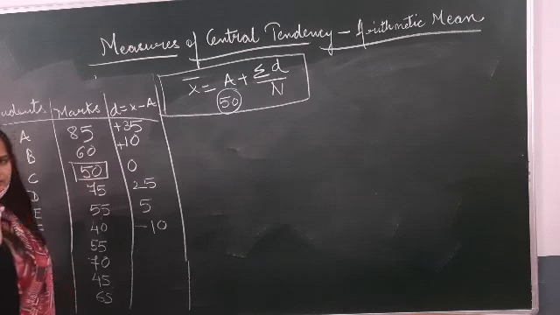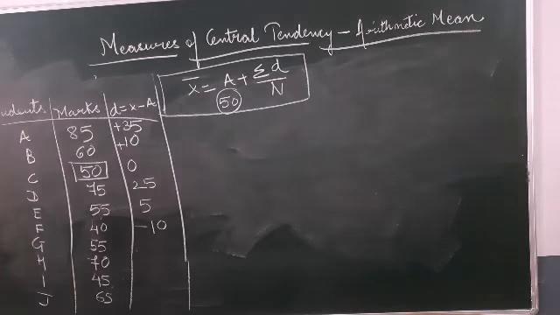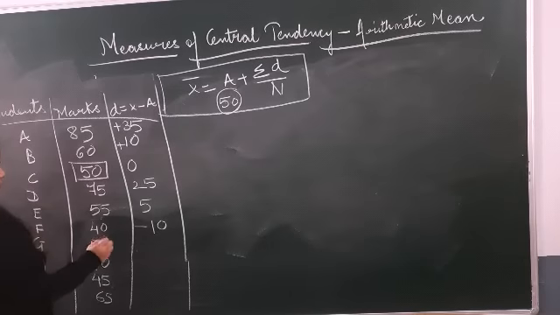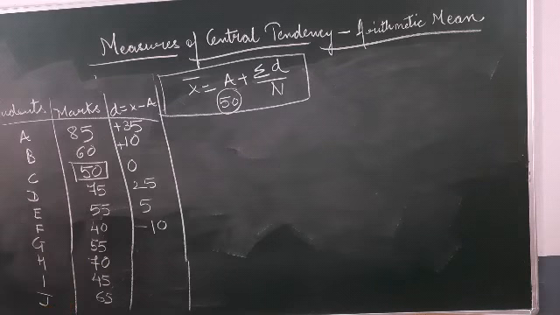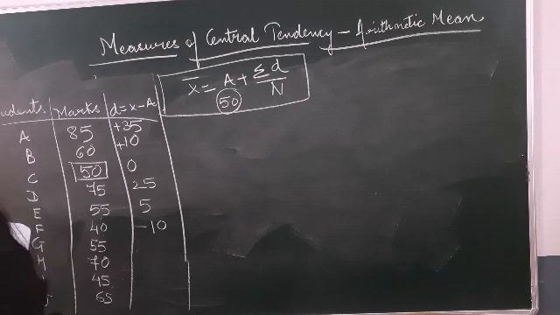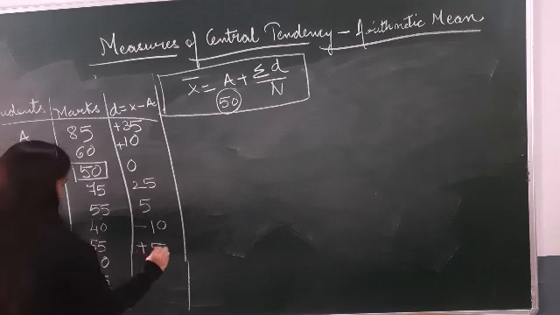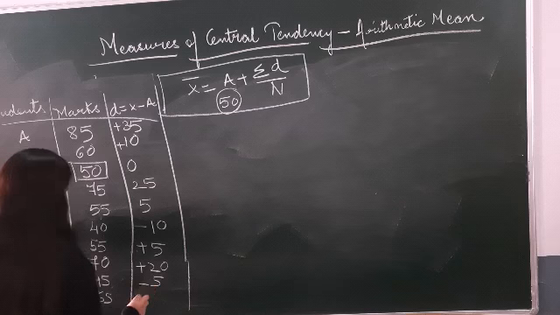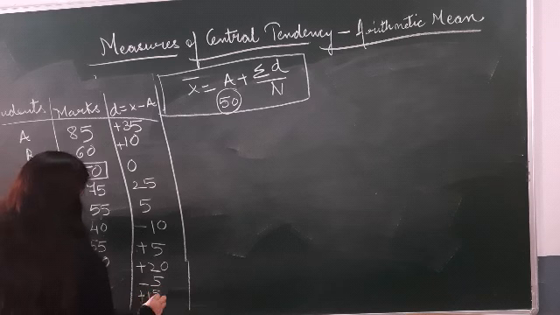If you do not write plus it is also fine, but whenever you have to show minus, you have to show minus. Next one, plus 5. Then plus 20, then minus 5, then plus 15.